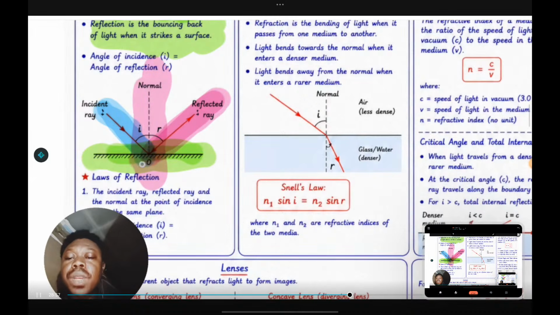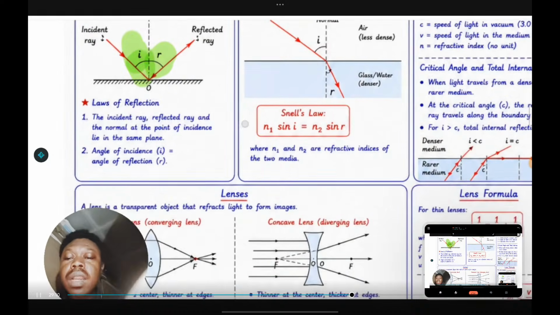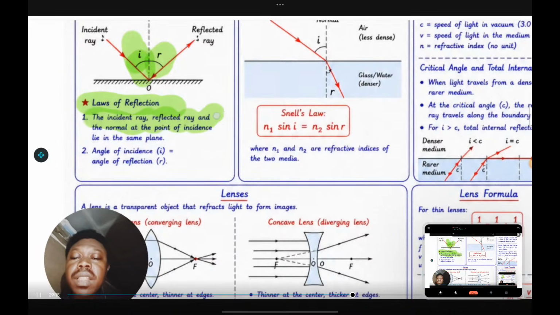Are you here? So please take note. And the angle of incidence equals the angle of reflection. This angle here is equal to this angle. Is that clear? Which is why we have the laws of reflection. The incident ray, reflected ray, and the normal at the point of incidence lie in the same plane.